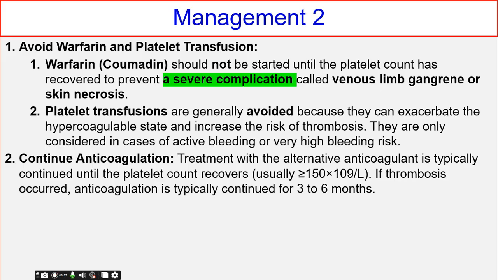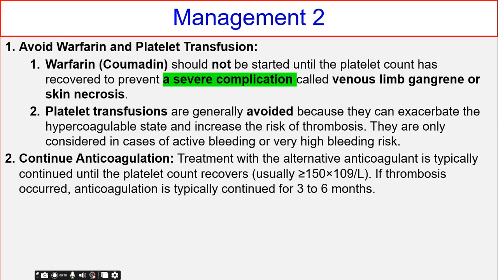In short, these are the main points of heparin-induced thrombocytopenia regarding the definition, the diagnosis, the laboratory tests that can help in diagnosis, and the management plan. First, stop all modalities and all kinds of heparin. Second, we can go with a direct thrombin inhibitor, bivalirudin. We can start warfarin or platelet transfusions only after the platelets recover, because warfarin in the acute state can lead to skin ulcer, skin necrosis, and venous limb gangrene.